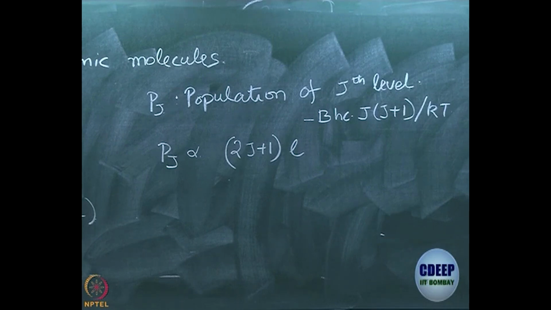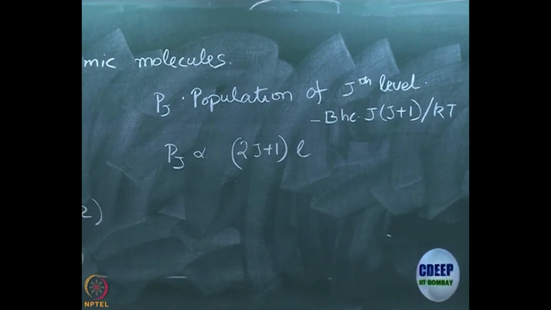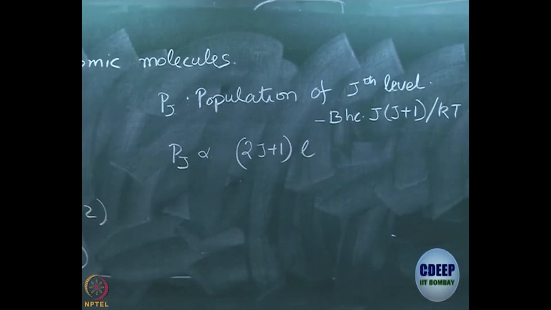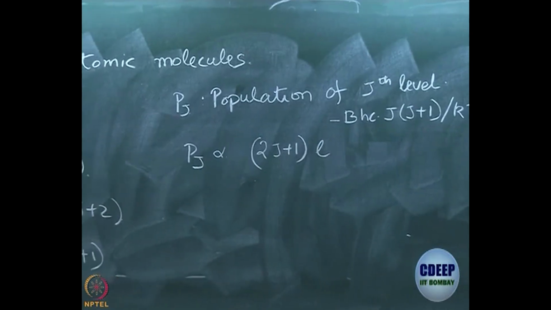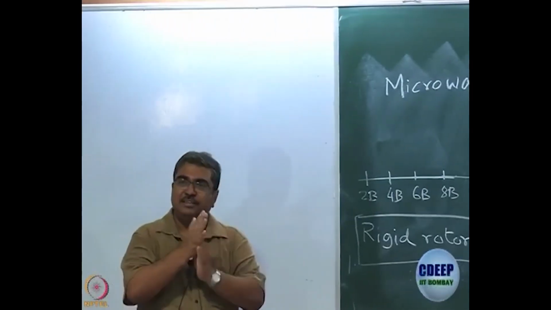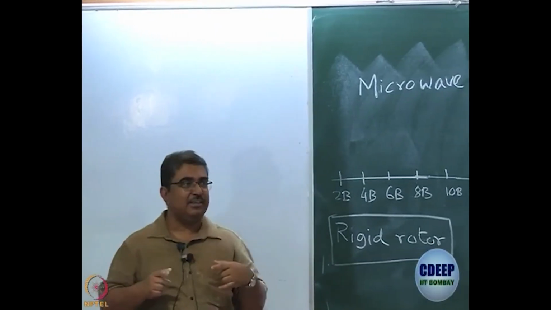Before we go ahead and discuss this, let me digress a little bit and ask you a different question, which will not tell us anything about the spectrum, but it is a fundamental question about rotational levels. What is the energy of the lowest energy level of rotation? For J equal to 0, what is the energy? 0, which means the molecule is not rotating.